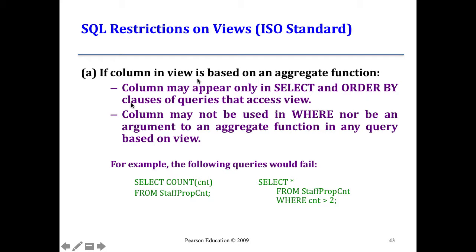So first of all, if any of the columns in the view is based on an aggregate operator, then you are not allowed to use that view column in the where clause of a query on that view.